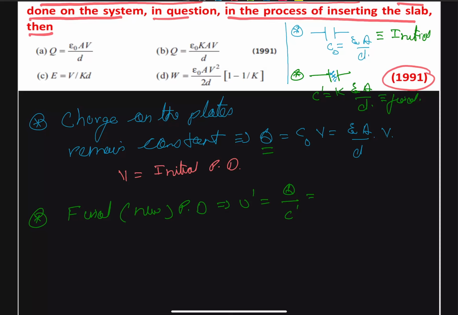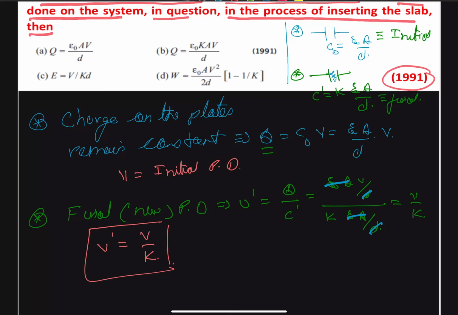We can substitute the value of Q, and Q is epsilon naught A multiplied by V whole divided by d, and C prime is K epsilon naught A upon d. Therefore epsilon naught A upon d cancels out, so we get V upon K. Therefore the new potential difference V prime will be equal to V upon K.